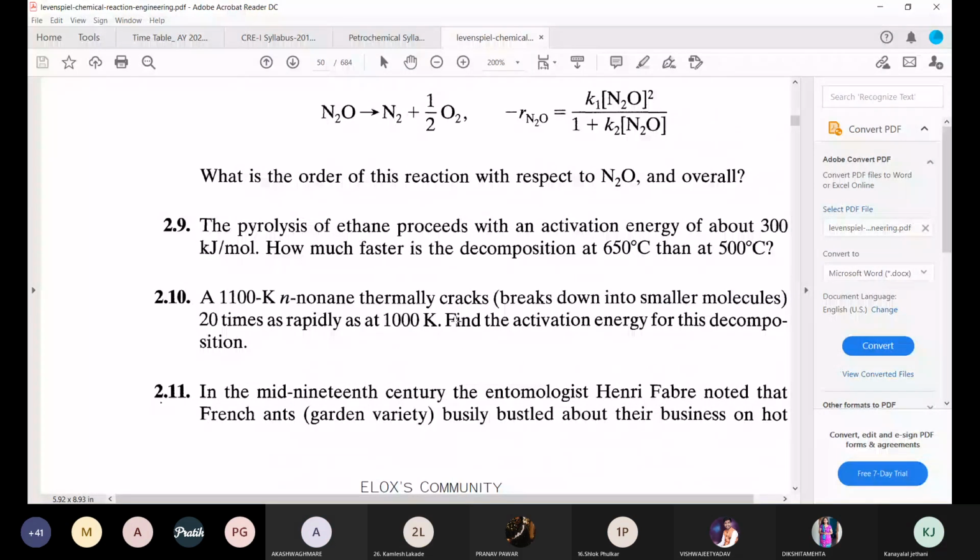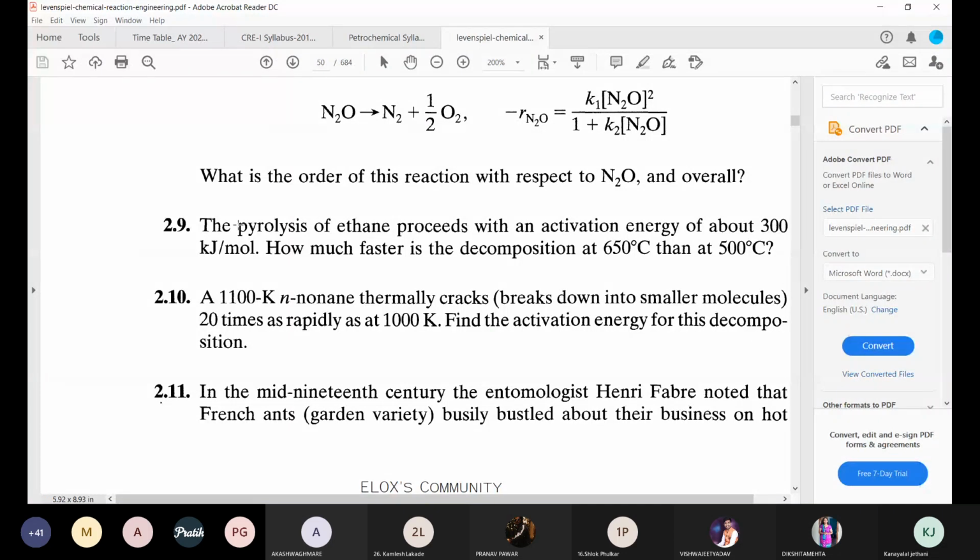At 1100 Kelvin, n-nonane thermally cracks or breaks down into smaller molecules 20 times as rapidly as at 1000 Kelvin. Find the activation energy for this decomposition.